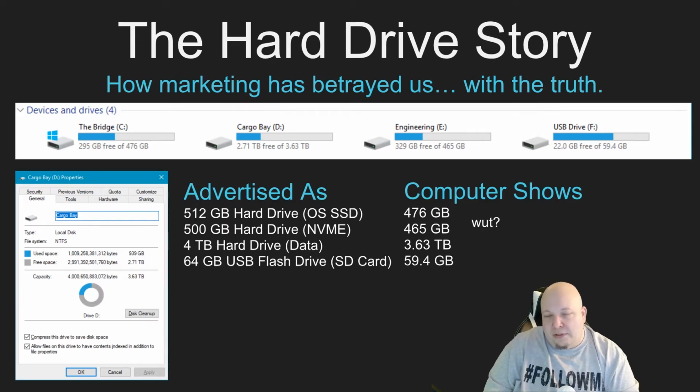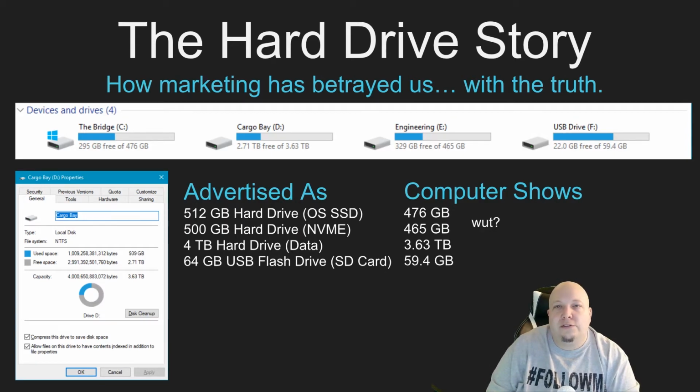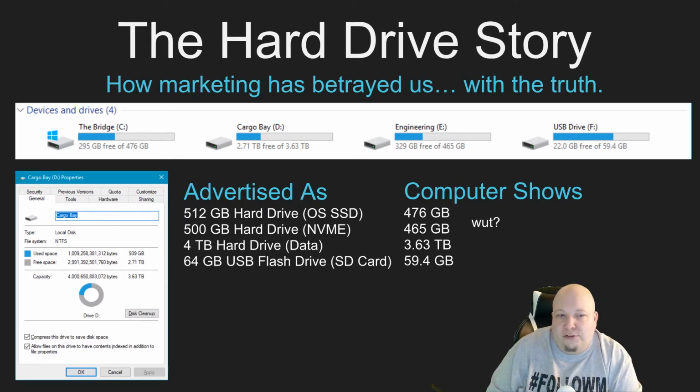So what happened there is that the marketing people and the storage companies saw that this was happening, so instead of saying 4 TiB, they decided to keep the TB naming convention based on what the new international consortium had said.